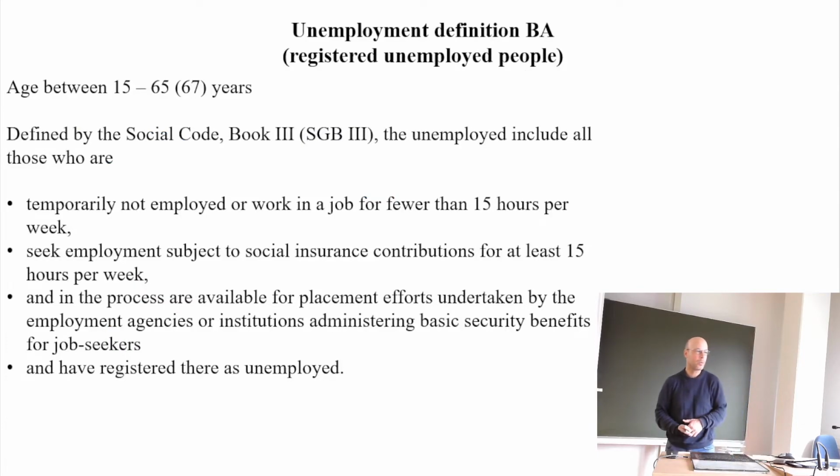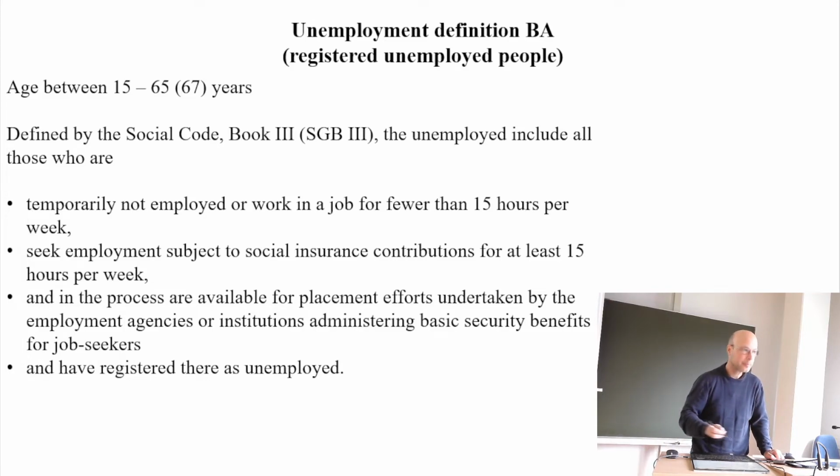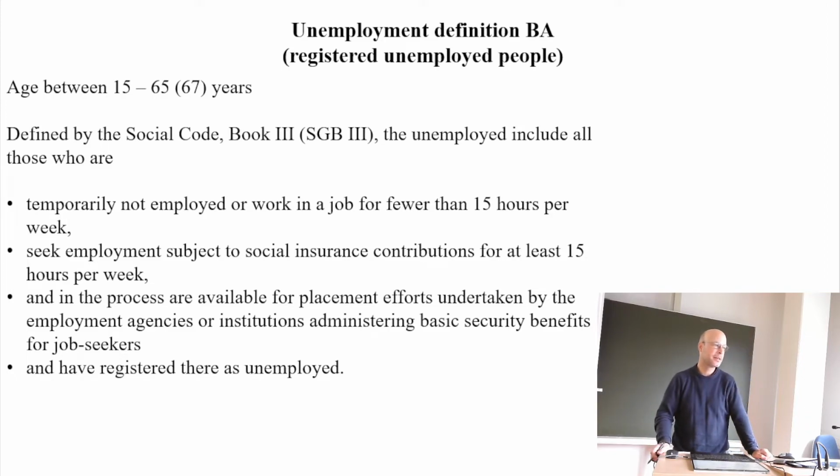Okay, and now we want to define unemployment in detail, because of course only the registered unemployed people are relevant, especially for public spending, because for them, from unemployment insurance, we have to pay.